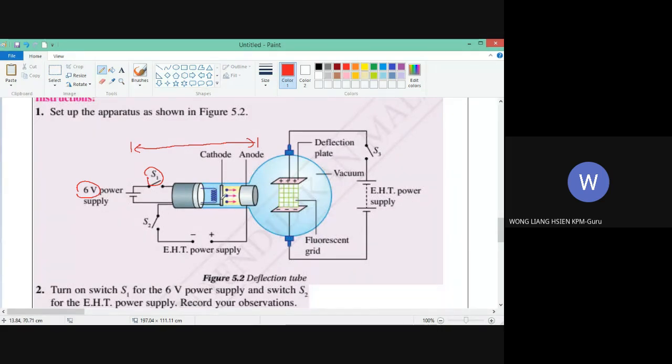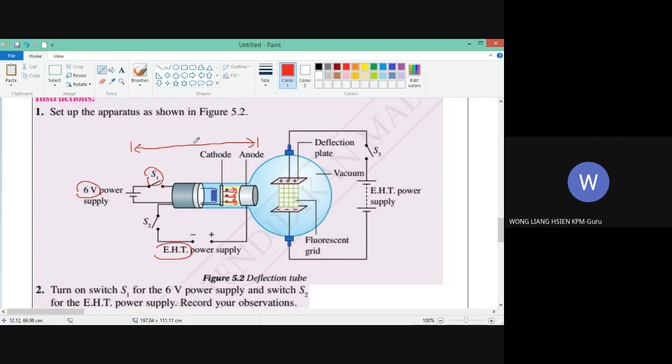When you turn on the EHT power supply, the cathode is connected to the negative and the anode to the positive. So cathode rays can be produced, and a beam of electrons will shoot out. This part to this part is the same as the thermionic diode.